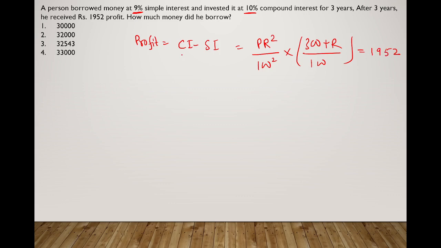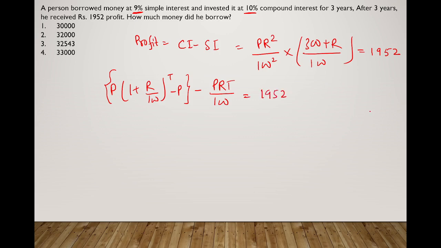So how much profit? 1952. So what is the formula of compound interest? Principal into (1 plus rate divided by 100) to the power time, minus P. This is the formula of compound interest, and this is PRT divided by 100 for simple interest. So this is 1952.